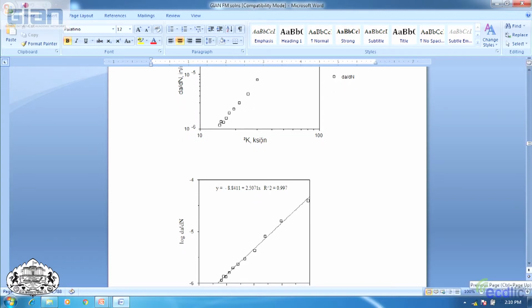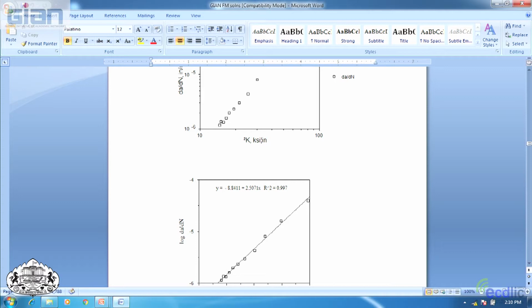So to plot using logs here, then you can do a linear fit. And in the linear fit, the exponent is the slope. So the slope 2.507. In fatigue data, all those digits are not necessary. So 2.50 is what I used here. And then the coefficient is the inverse log of that.